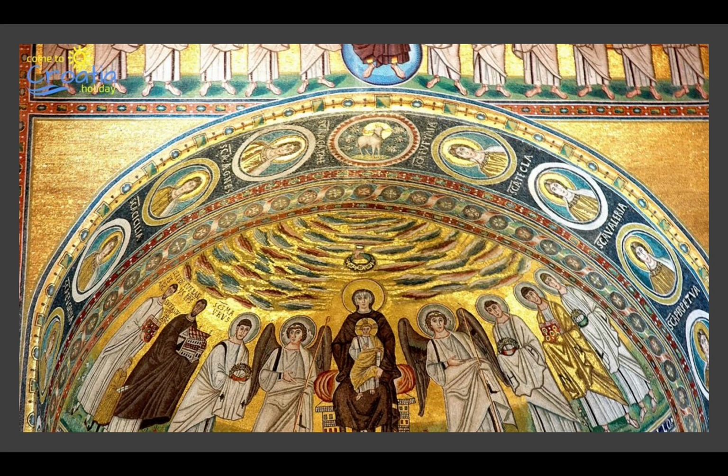Also, we have to talk about the icons, these religious representations. Many times they were done in mosaics, but they were also painted, and it's very easy to recognize them because they always use the gold color in the background.